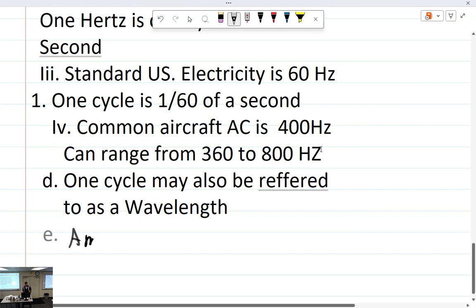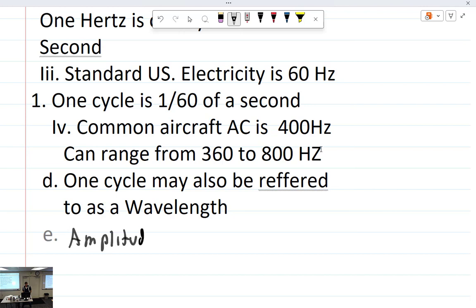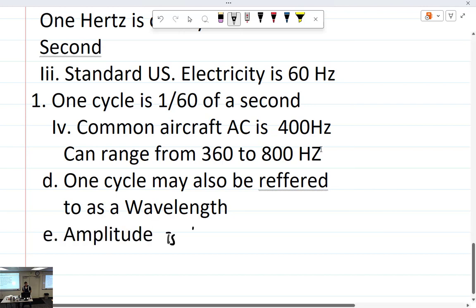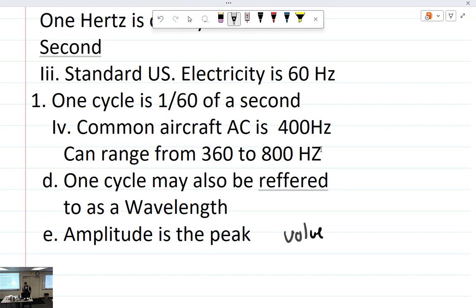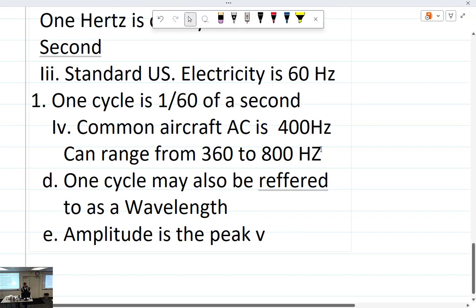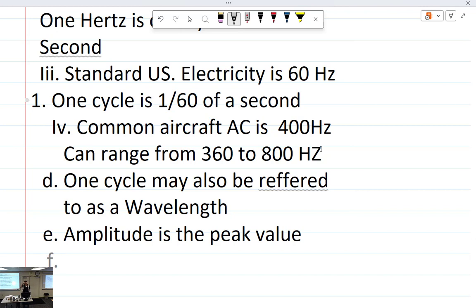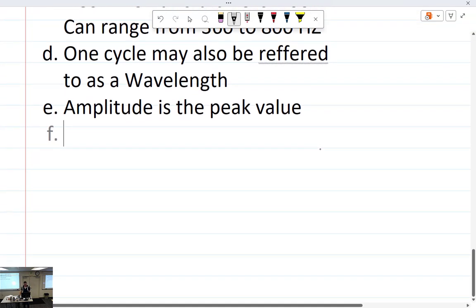Amplitude is the peak value. So the highest point on it is the peak value. Then we have peak to peak.